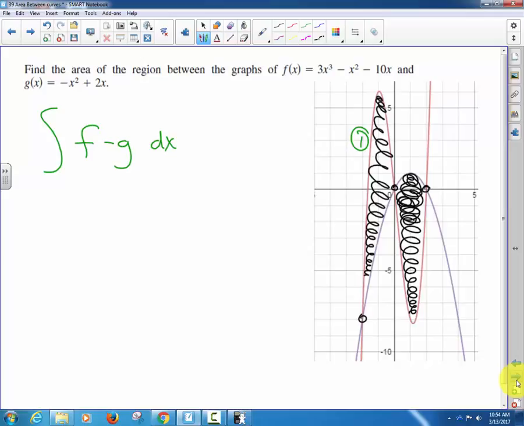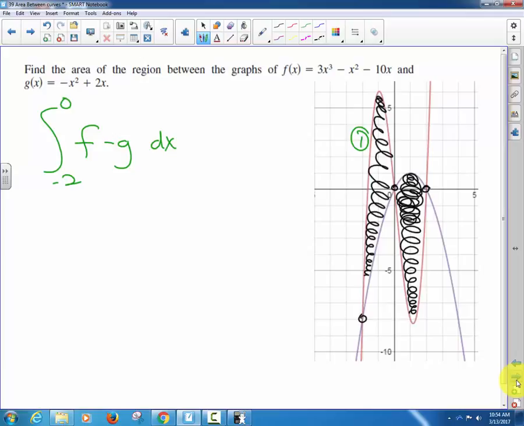What are going to be our limits of integration for it? How are you going to find that? Intersection points. Based on the graph, can you tell me what the intersection points are? What are they? -2 to 0. So we're going to be integrating from here to here, F minus G.